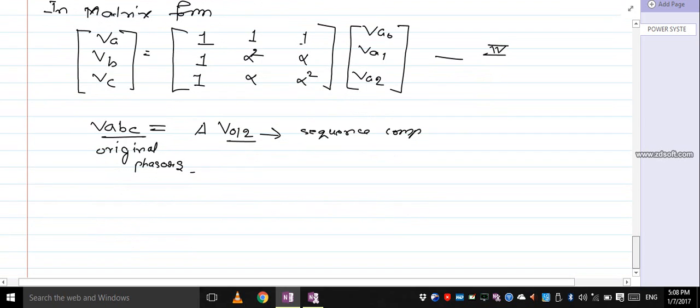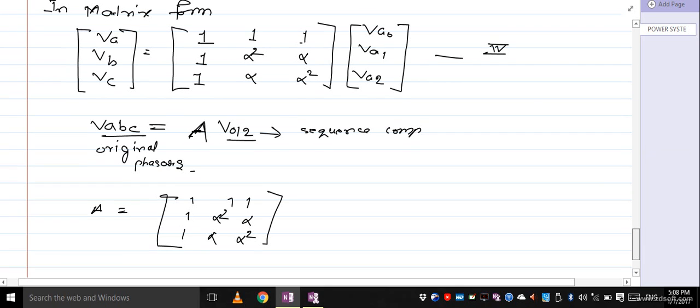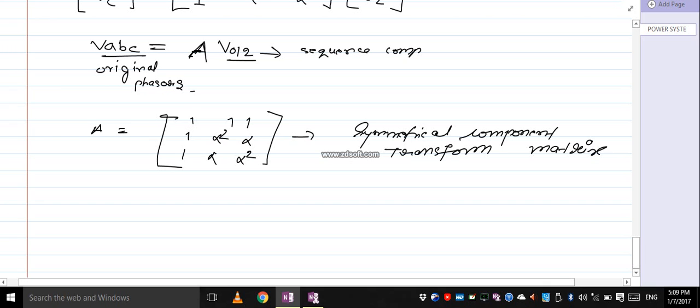This is your matrix A, where A is given by 1, 1, 1; 1, alpha square, alpha; 1, alpha, alpha square. And this matrix is called the symmetrical component transform matrix.